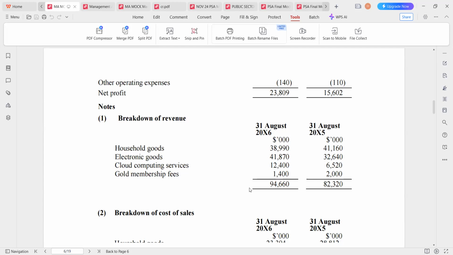Okay, so what you do is that you see they've given us a breakdown. This is a breakdown of revenue. So individually, you must also do your computations individually.